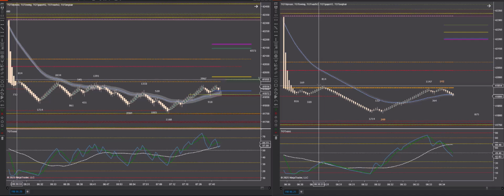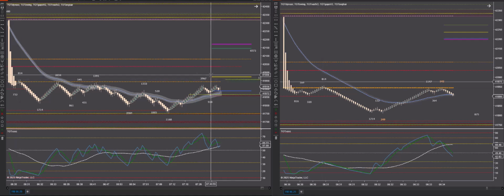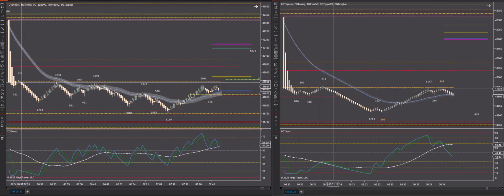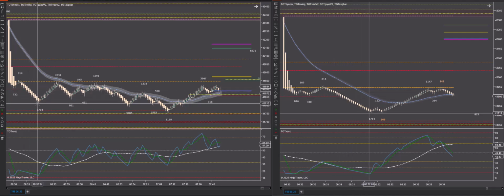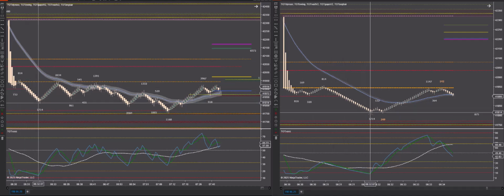But again, markets move really fast in the open, so that might not have panned out so well. But as you can see, if you were looking at the higher time frame, you can see that it dojied right on the open here, and then it got a signal bar to sell short. And so that is a good opportunity there to sell short, and that's about a 100-point move there as the market moved down on the open.